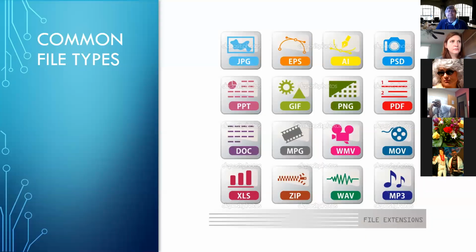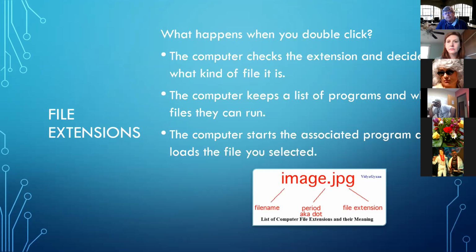Hey, Ray, what about programs that can open several different types of extensions? Yeah, and we see this a lot when you talk about image programs, right? Because on your computer right now, probably all of our computers, there's probably 5 to 10 programs that can all open, in this case, a JPEG file. That can happen.